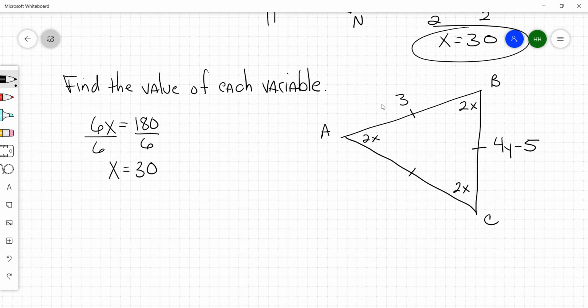What do you know about 4y minus 5 and 3? Look, a little louder. They're equal. 4y minus 5 is equal to 3. So you can add 5 to each side.